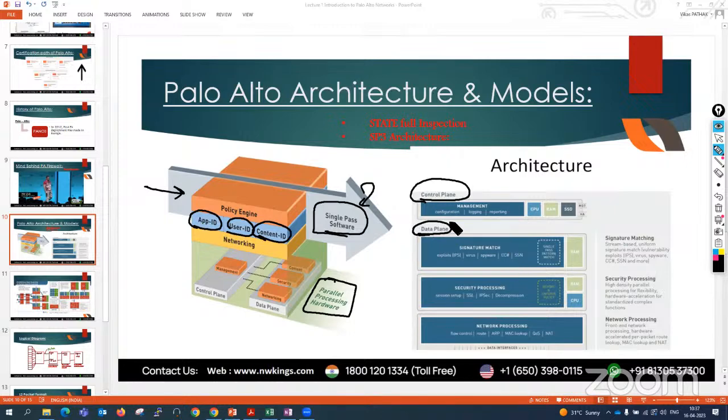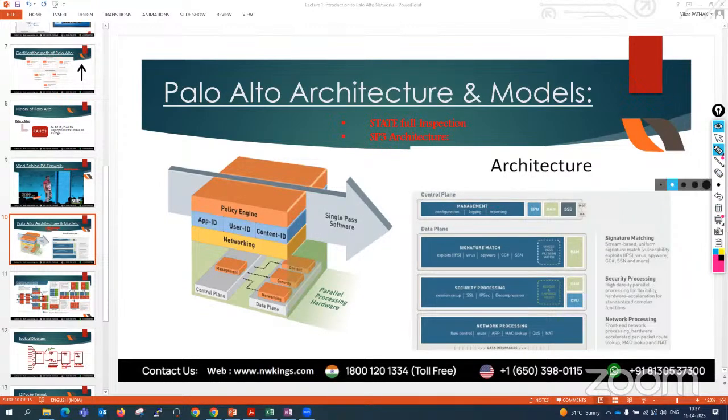Whenever you talk about doing configuration, logging, reporting, or any management solution, it will be done by your control plane.